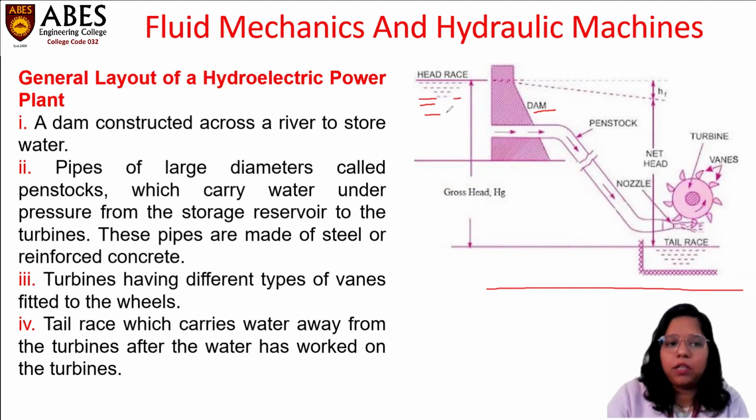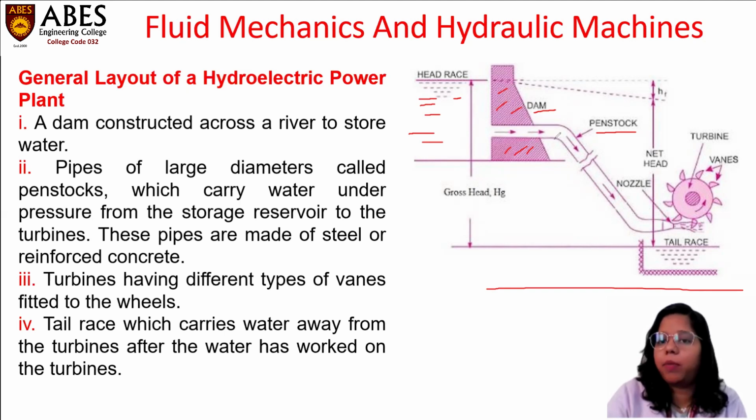Pipes of large diameters are called penstocks, which carry water under pressure from the storage reservoir to the turbines. This is the storage reservoir where water is stored. This is the dam, the construction to store the water across a river.